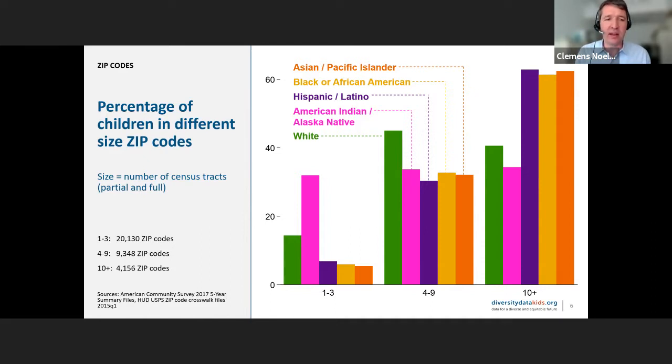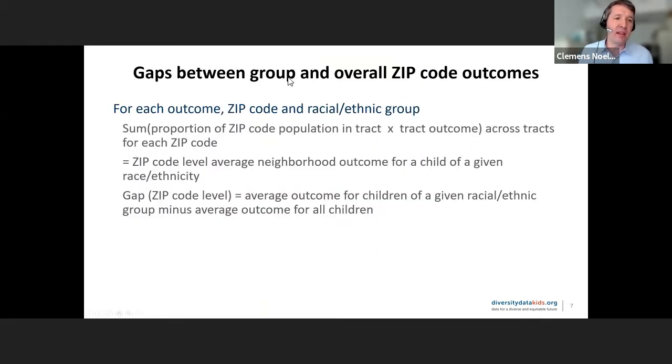So how can we look at this? One way of looking at this reliability issue by race ethnicity is to look at by how much the average neighborhood outcomes for white children, let's say, differs from the outcome of children in the zip code overall. So what we did is for each outcome, zip code, and racial ethnic group, we calculated the proportion of the zip code population for that group that lives in a specific tract, and multiplied that with the tract outcome, and summed the products across tracts for each zip code.